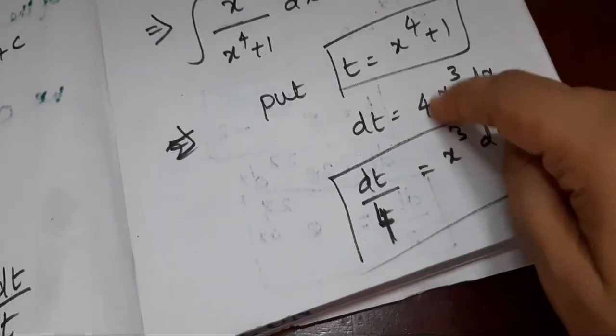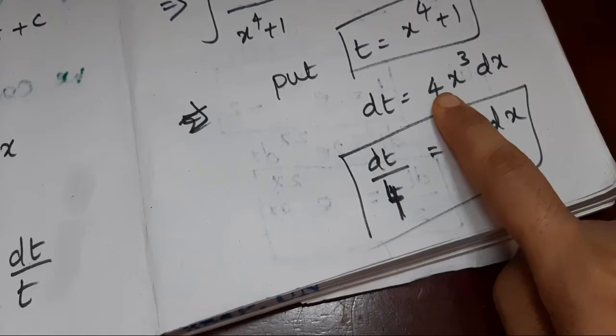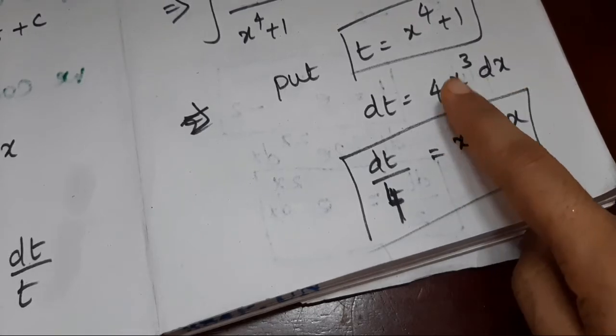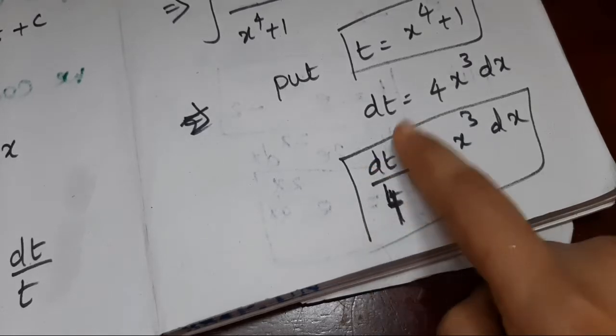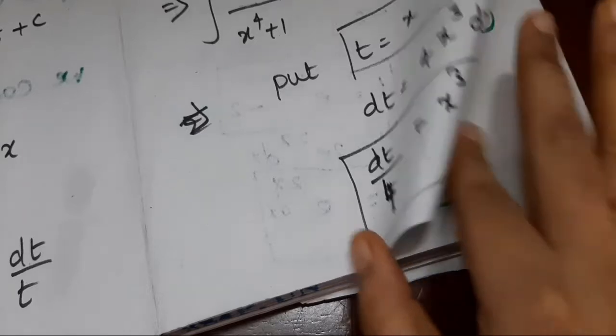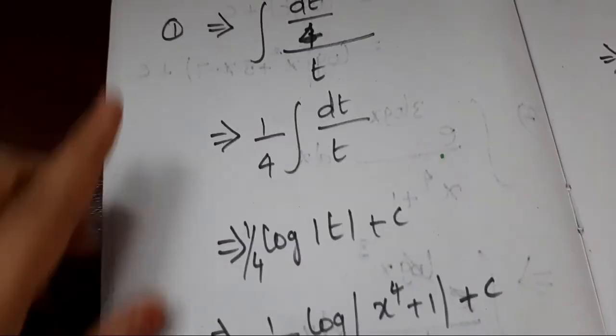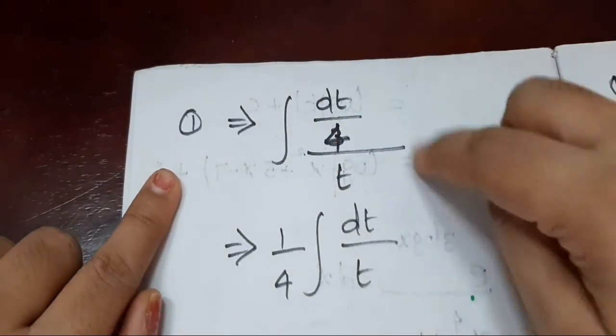I want only the answer for x cube dx. Here unnecessarily I am having 4 on the right hand side, so I take this 4 to the left hand side. That will be dt by 4, equal to x cube into dx. So the first equation I can write as dt by 4 by t.